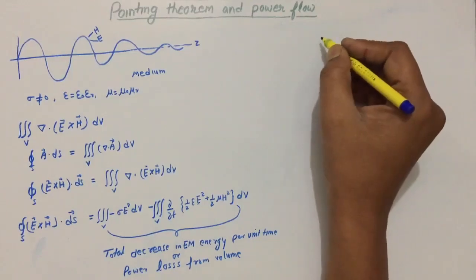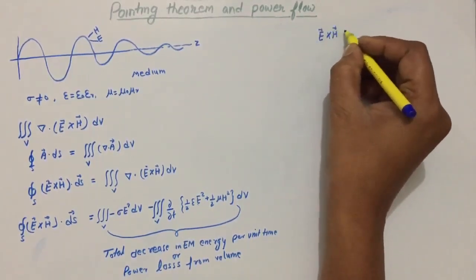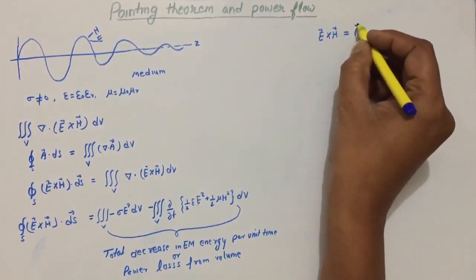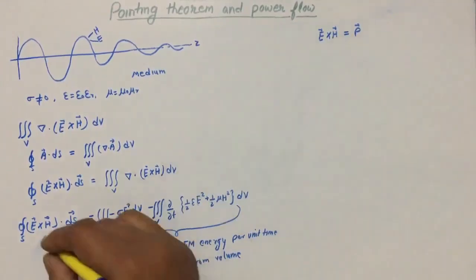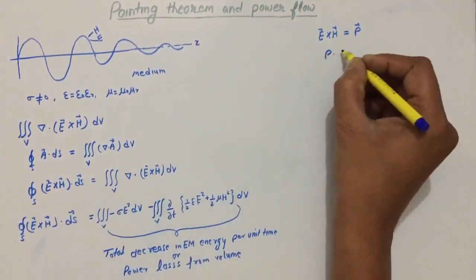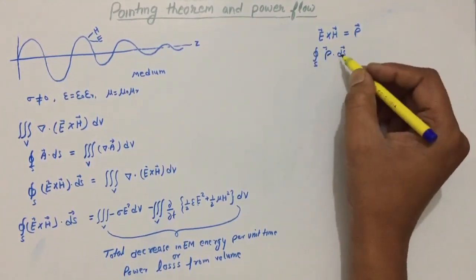Now let us write E cross H as a third vector named P. Now put P in place of E cross H. We have P dot ds. What is this?